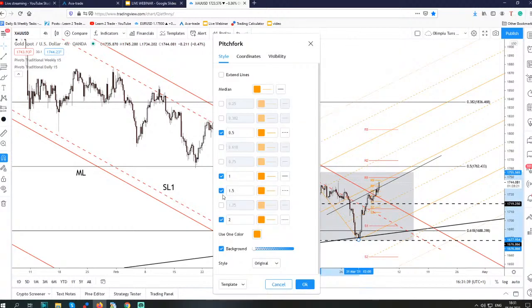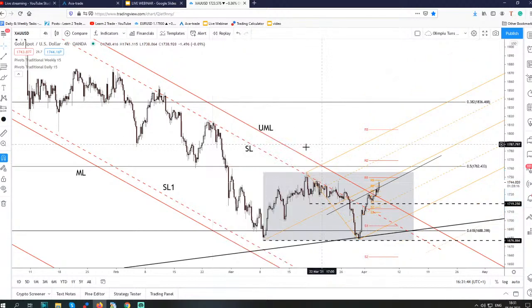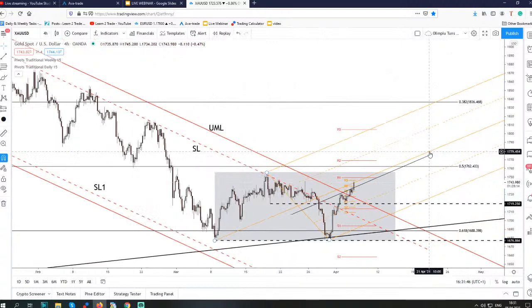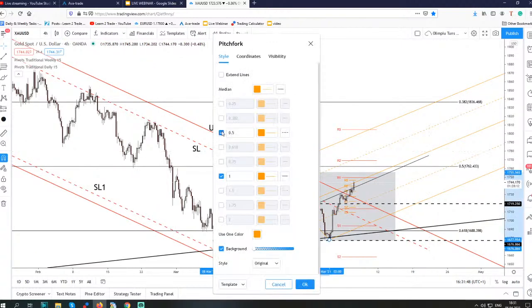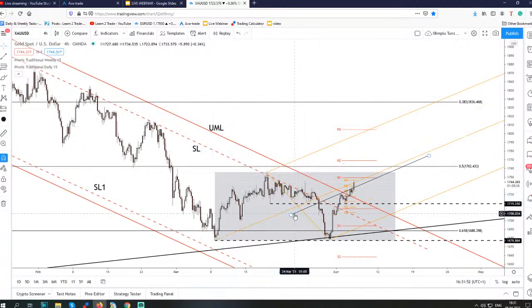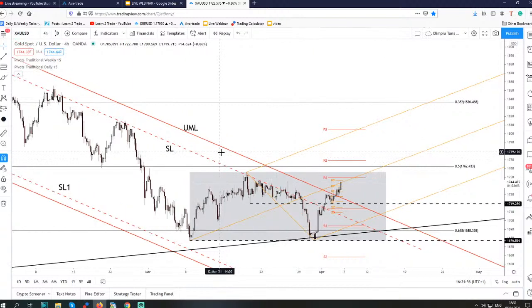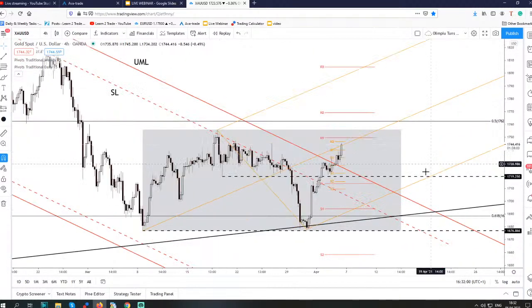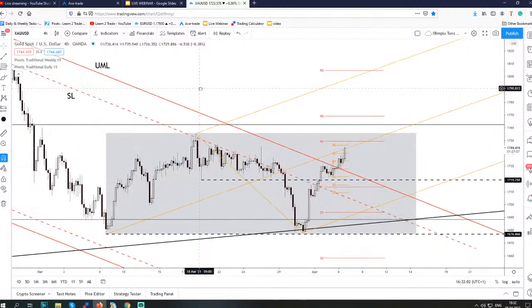One moment guys, let's delete these lines here, and also the Fibonacci lines. Okay, so now it has registered a breakout above the upper medium line, which represented strong dynamic resistance.